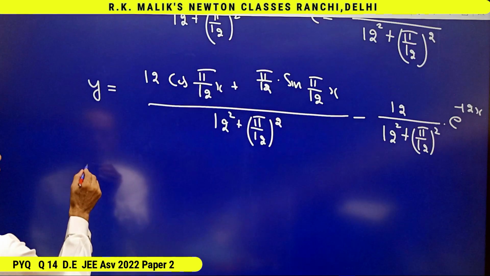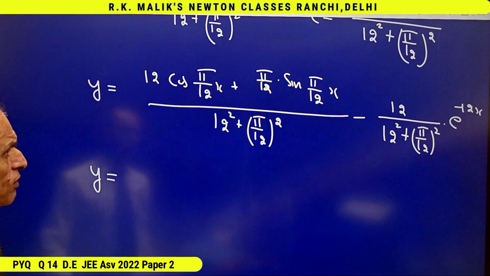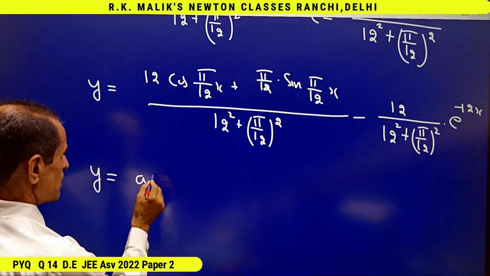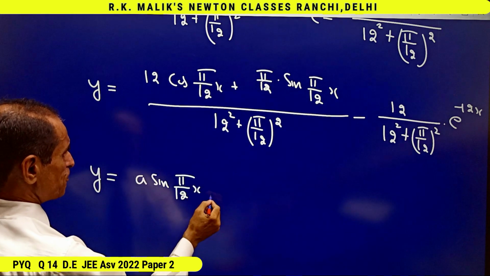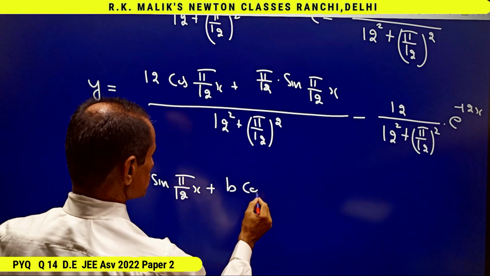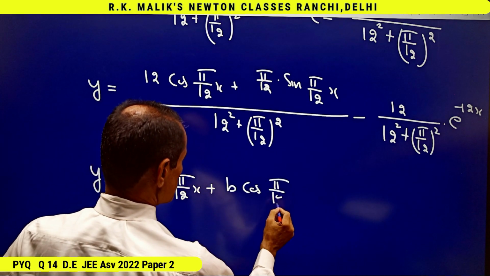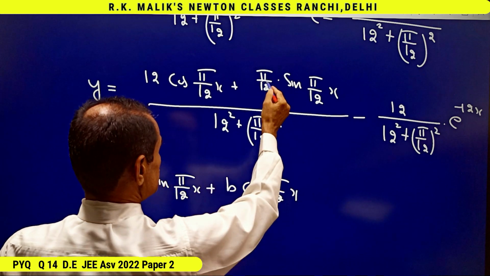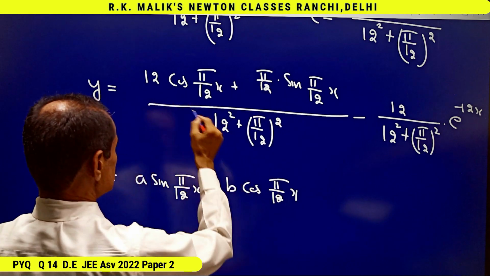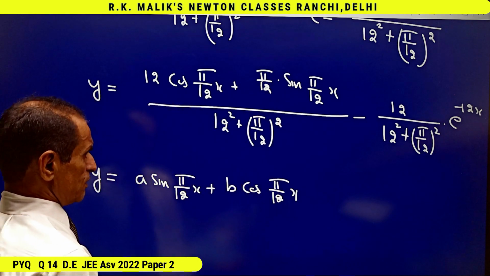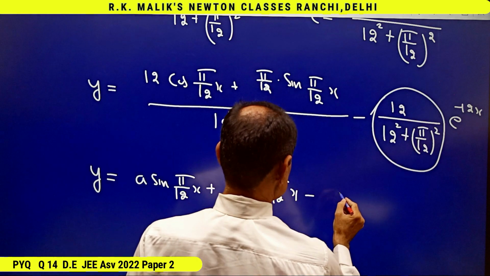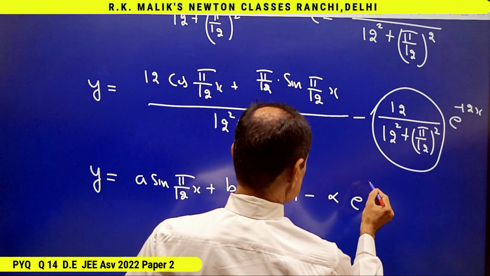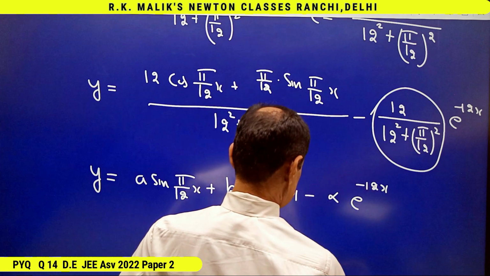It's clear that the value of y is in the form of a sin pi by 12x plus b cos pi by 12x. This upon this is a and this upon this is b. Minus, I name this constant as alpha, times e to power minus 12x.